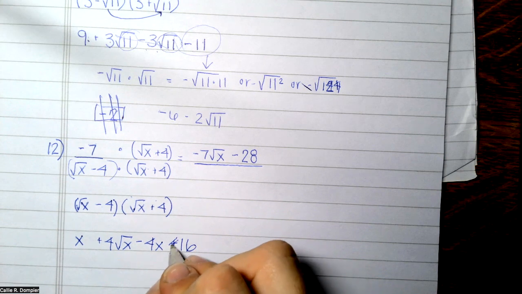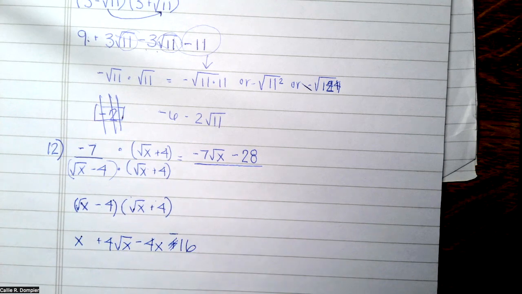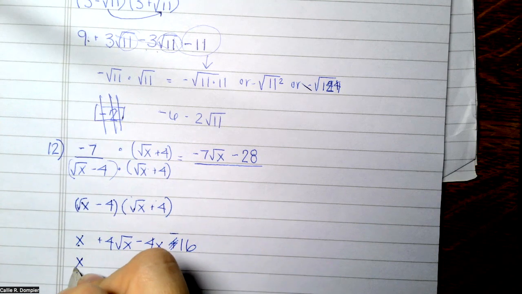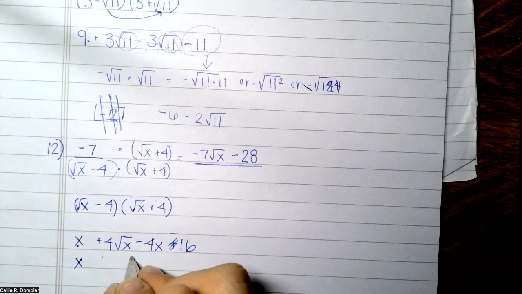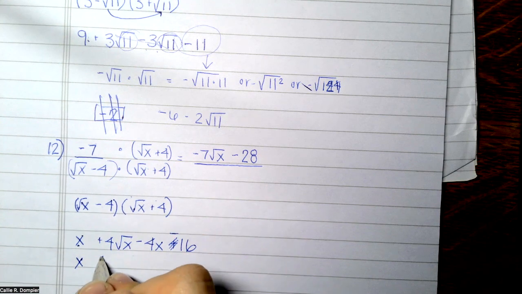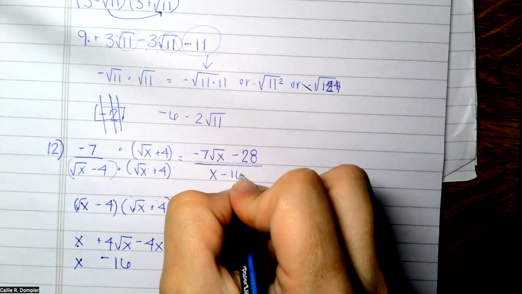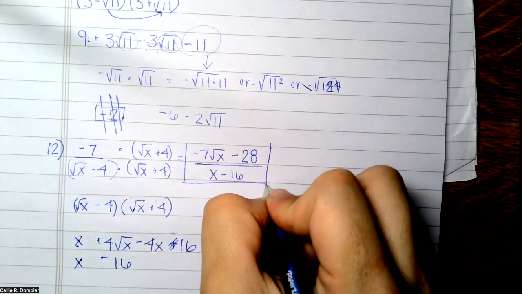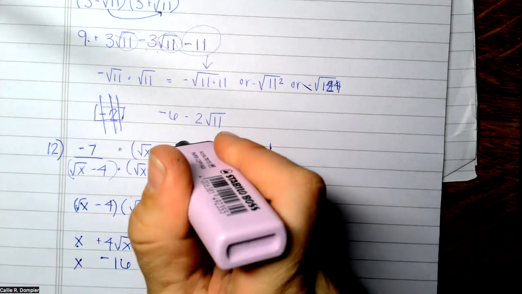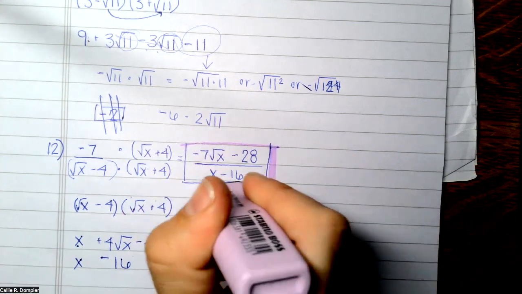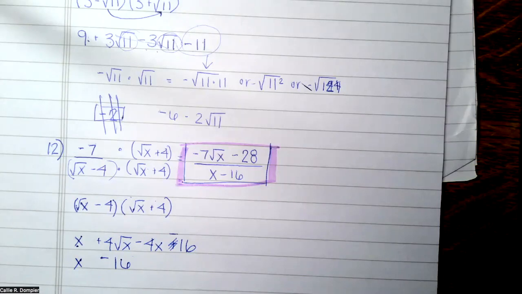Nope, negative 16. All right. So now we have x, positive 4 square root of x minus 4 square root of x cancel each other out, minus 16 on the bottom. So my final answer is this guy for number 12.